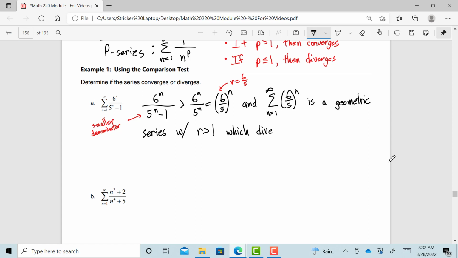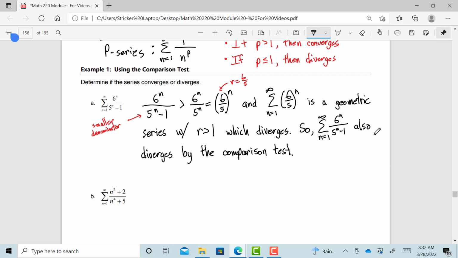It diverges. So then we can say our original series, 6 to the n over 5 to the n minus 1, also diverges by what test? By the comparison test. Gotta explain it.